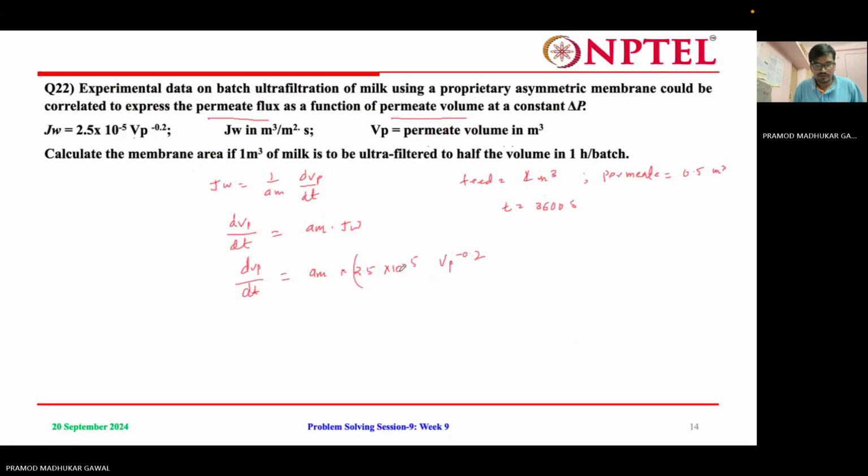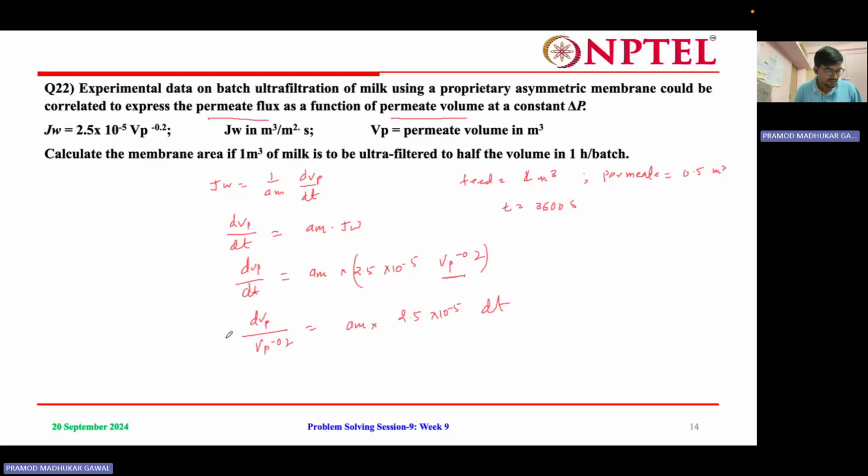Take the Vp term to the left side: dVp Vp to the power 0.2, and on the right side AM times 2.5 times 10 to the power minus 5 times dt.